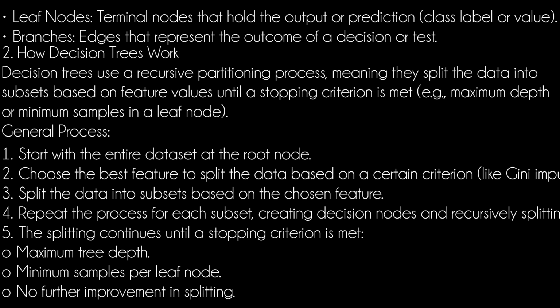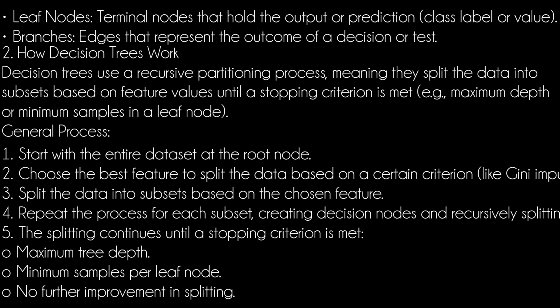How do decision trees work? Decision trees use a recursive partitioning process, meaning they split the data into subsets based on the feature values until a stopping criterion is met. General process. Start with the entire dataset at the root node. Choose the best feature to split the data based on a certain criterion.